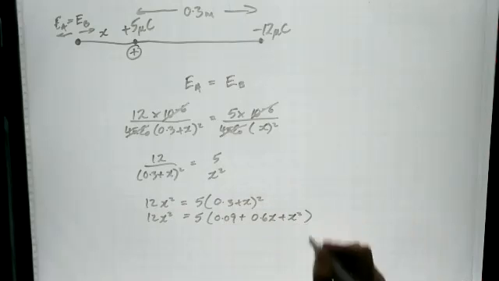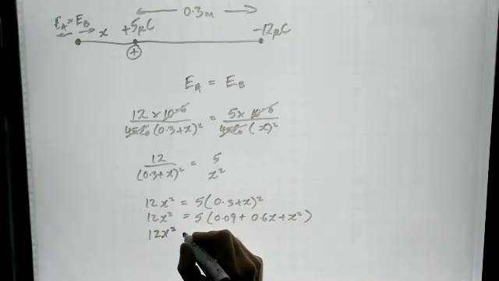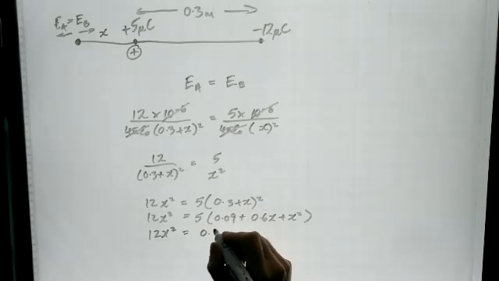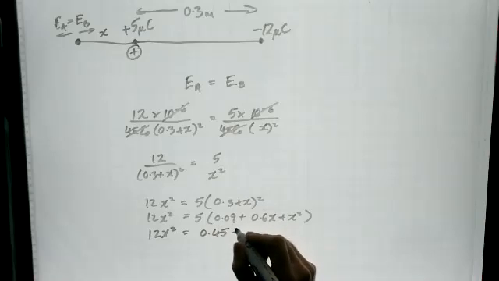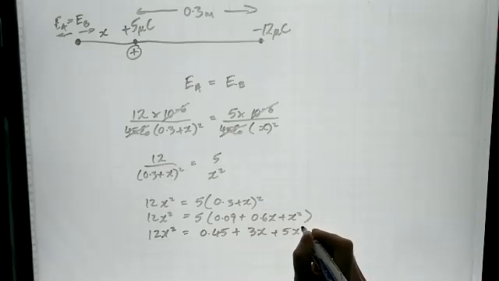So 12x squared equals 5 times 0.09, which is 0.45, plus 3x, plus 5x squared.